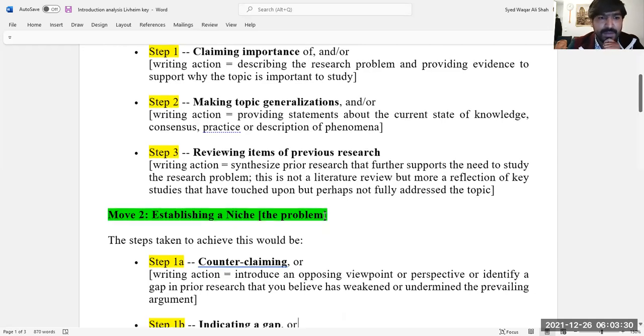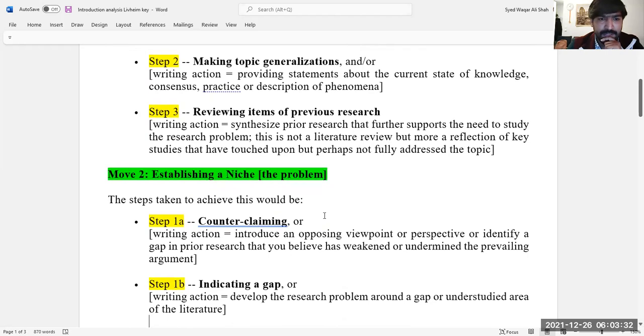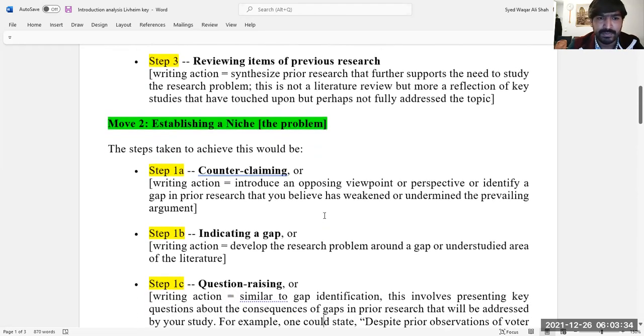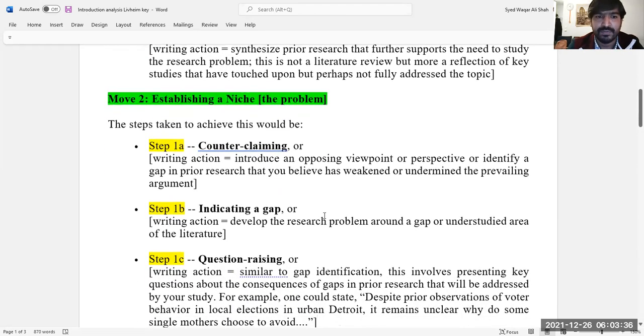That's possible. According to John Swales, he has provided some steps for establishing a niche in the topic. For example, he proposes that you can counterclaim. What do we counterclaim?